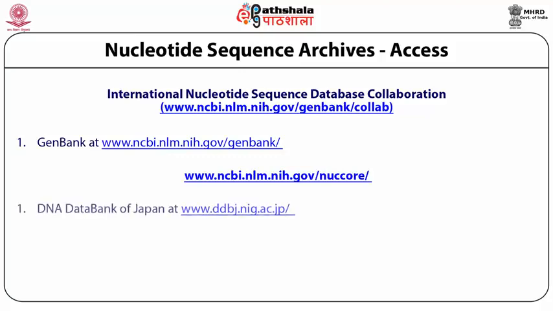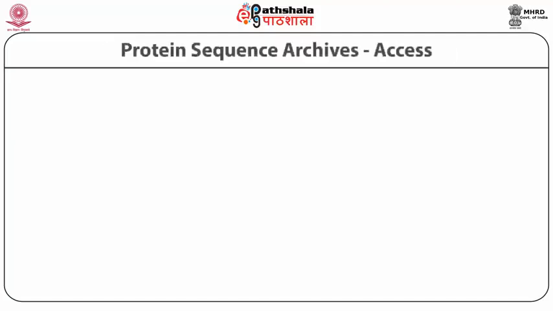The second is the DNA Databank of Japan, and the third is the European Molecular Biology Laboratory, that is EMBL at the European Bioinformatics Institute. These 3 organizations exchange data on a daily basis. NCBI integrates nucleotide sequence data with other databases for search in an integrated manner.